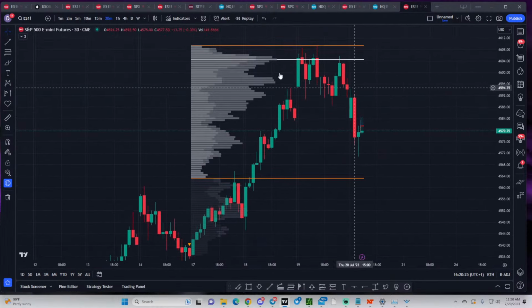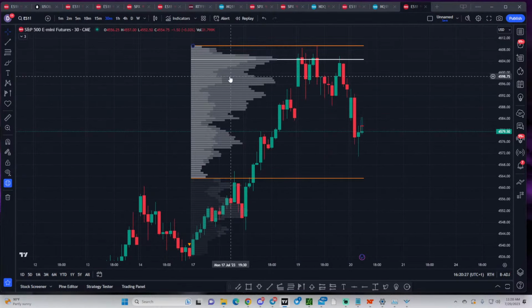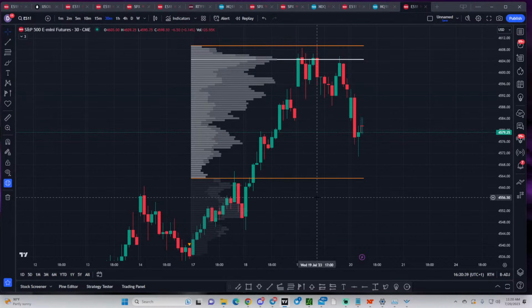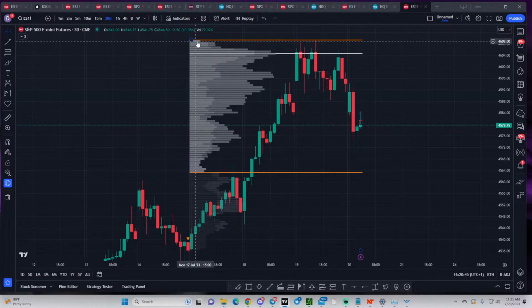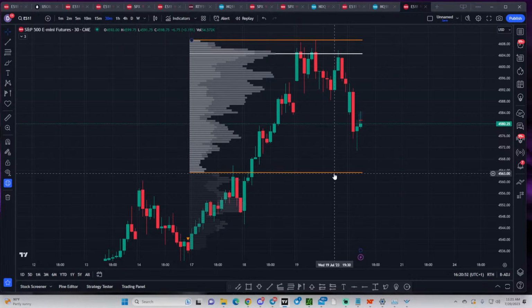So the profile is created in here based on volume, where the most volume has been traded. So obviously you start looking for this kind of diagram that tells you where the volume is. When you start seeing this, 68% or 70% of the trading is happening from orange to orange.